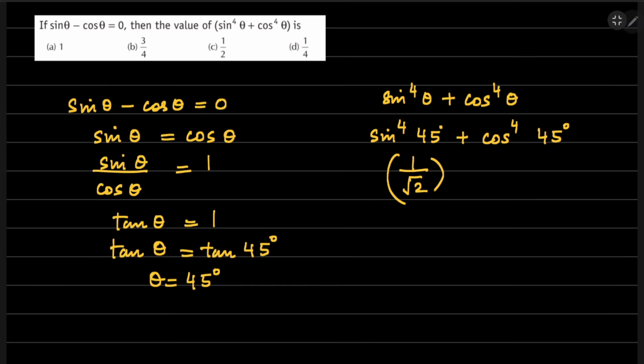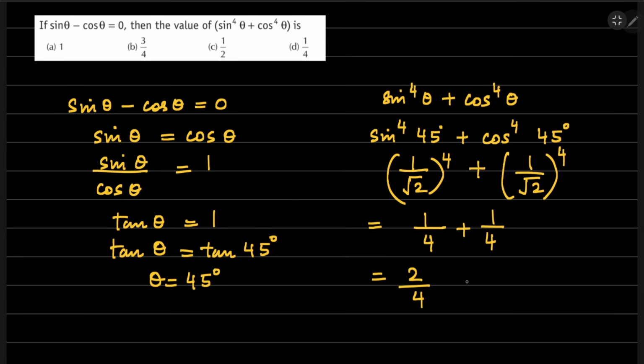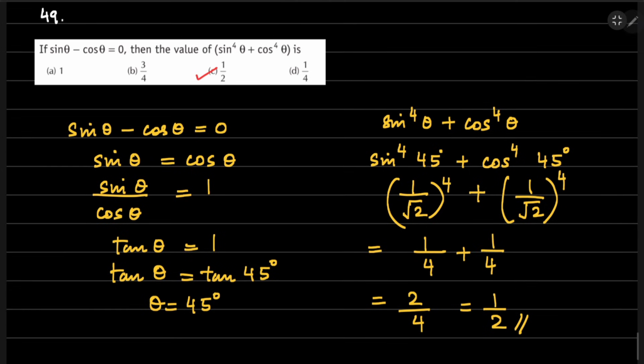So, 1 by root 2 whole to the power 4 plus cos 45 is also 1 by root 2 whole to the power 4. So, this is nothing but 1 by 4 plus 1 by 4, which is equal to 2 by 4. That is equal to 1 by 2 is the correct answer. Option number C, 1 by 2 is the right answer.